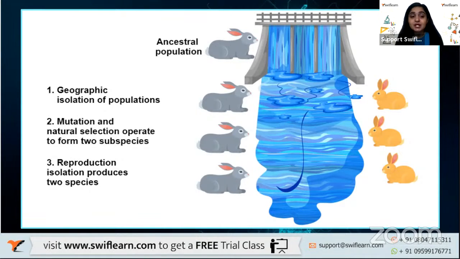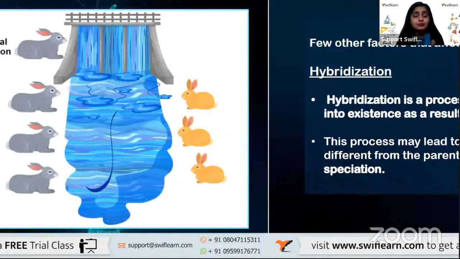But during the reproductive isolation process, when these two groups separated from each other, there were more of the yellow color on the right-hand side and on the left-hand side more of the gray color. Hence, at the end of many generations, two new species from the same ancestral population have appeared. On one hand they were gray, and on the other hand they were yellow.